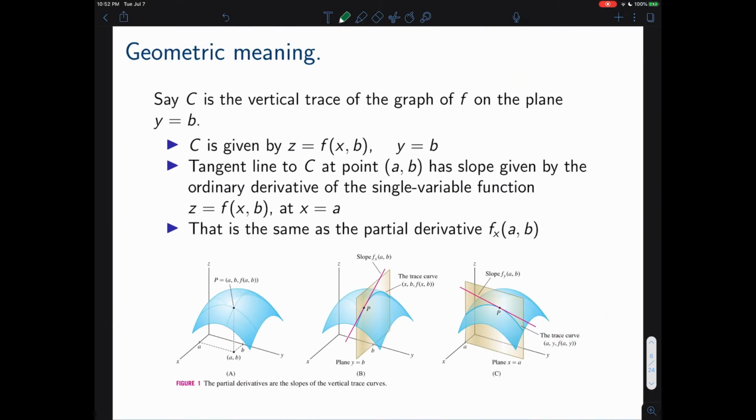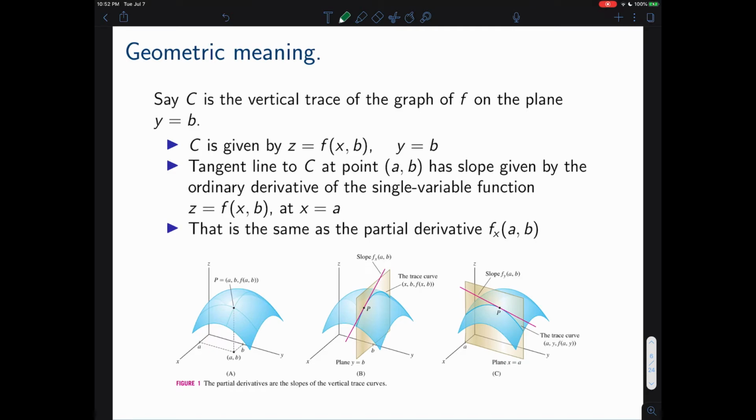All right, let's talk about the geometric meaning of the partial derivatives. So I started this segment of this video by talking about how the limit definition of derivatives for single variable functions corresponds to slopes of lines.